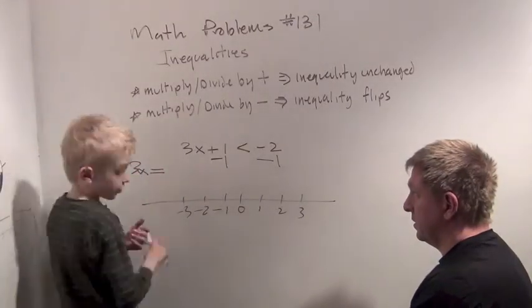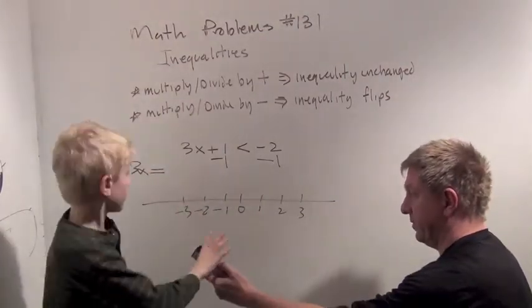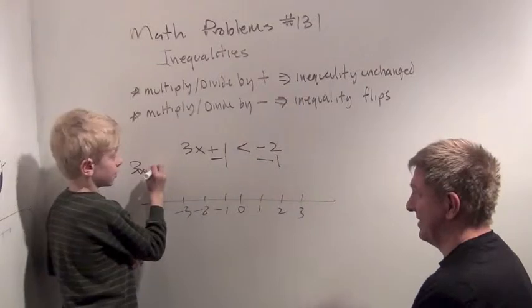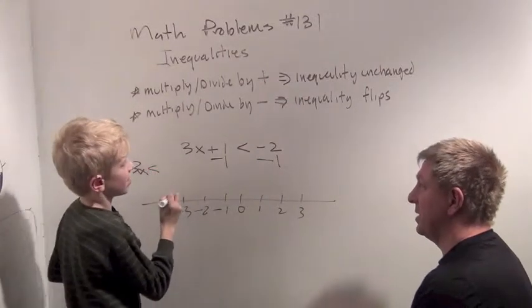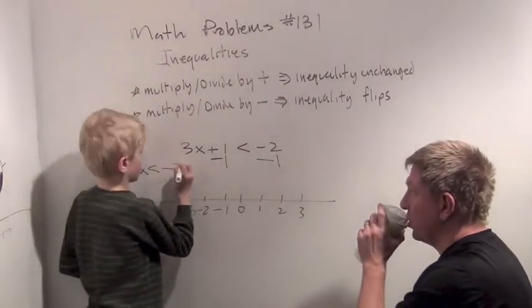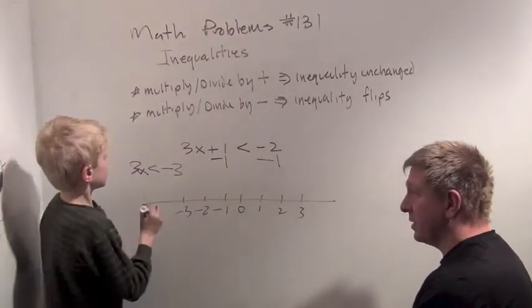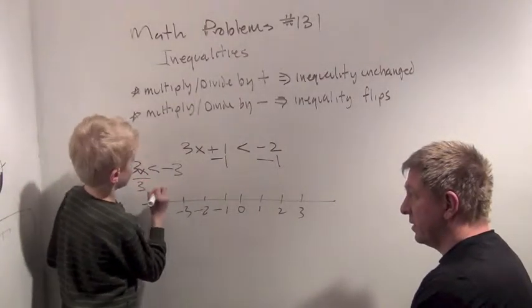So this becomes 3x is less than minus 3. Then you have to divide both sides by 3.